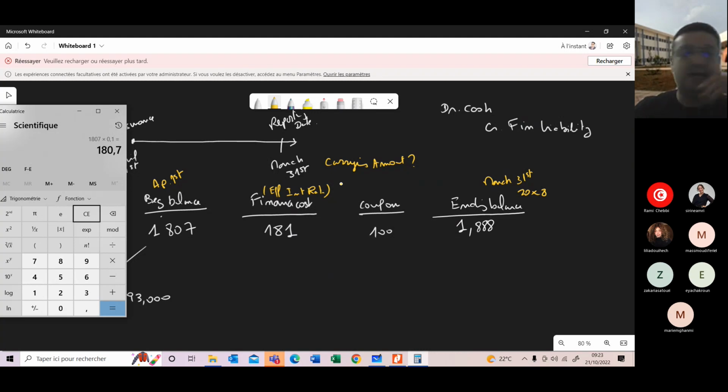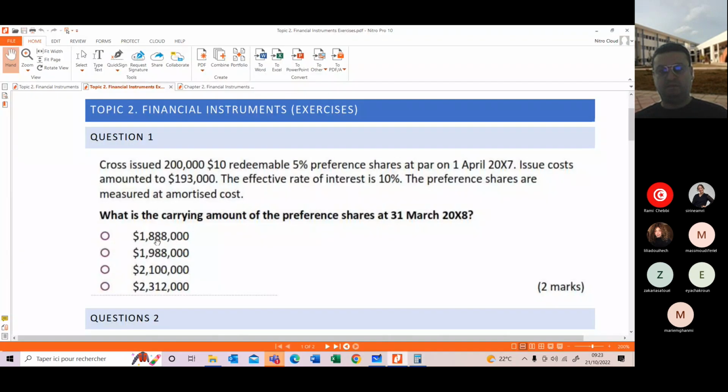So that's why I rounded to the nearest dollar. Okay. Thank you. You're welcome. Of course, if you would like it with all the precisions, obviously I have to write it with decimals. But it's going to be this correct answer, right? Finally, it is approximately 1,888,000. Okay, this is the answer to the first question.